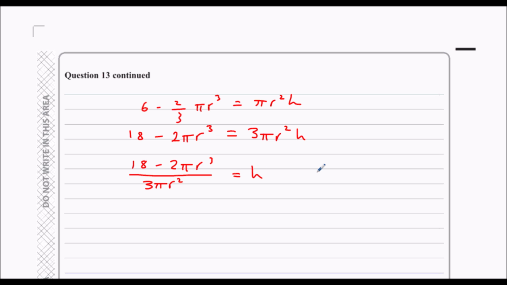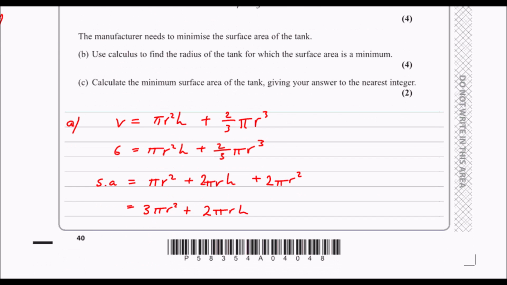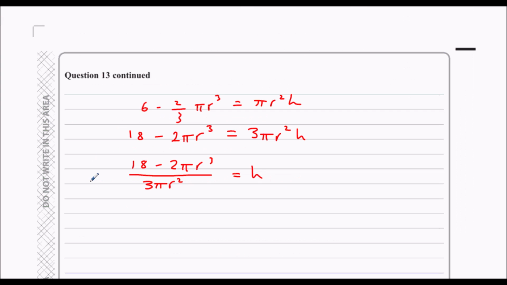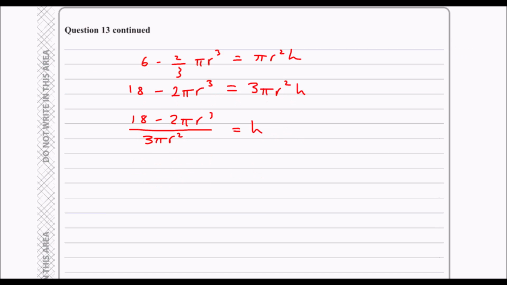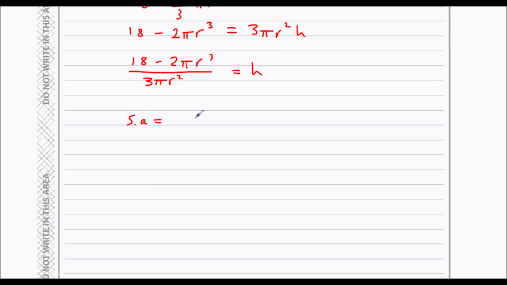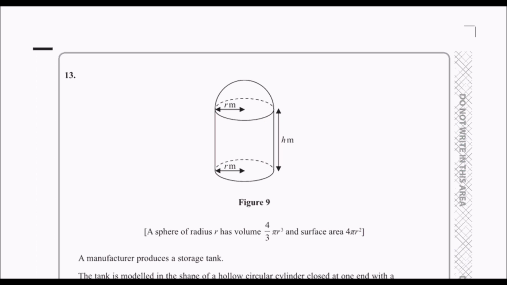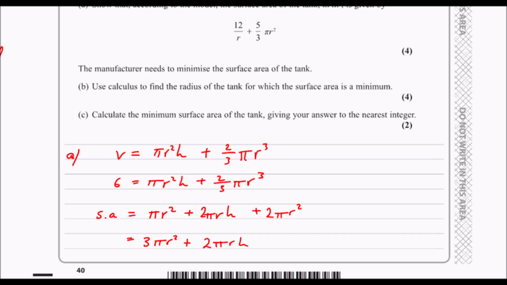So now I can substitute this into my surface area. So my surface area is 3 pi r squareds plus 2 pi r h.